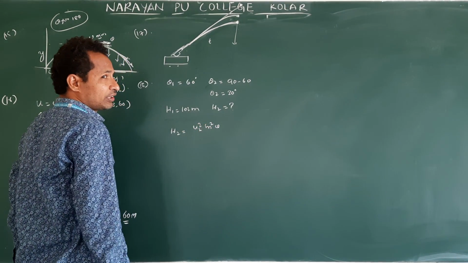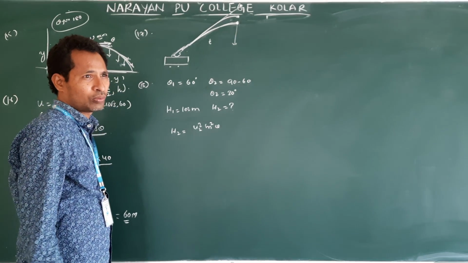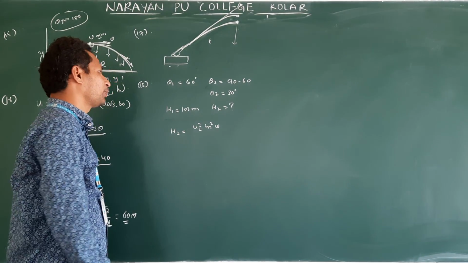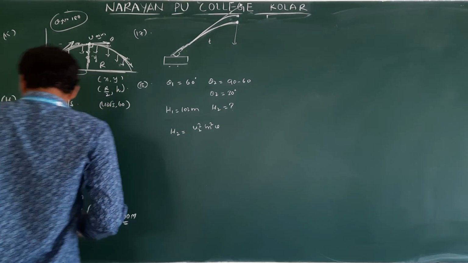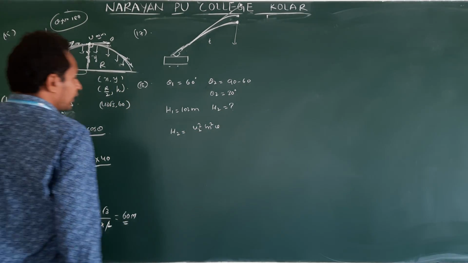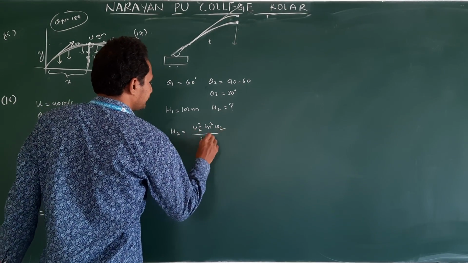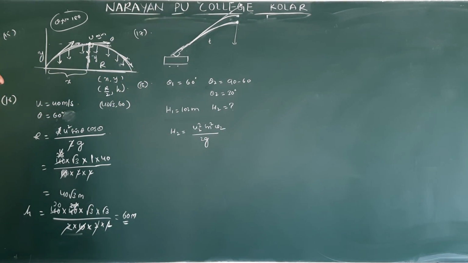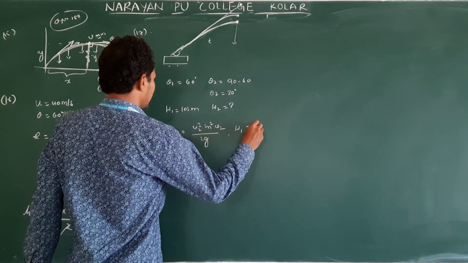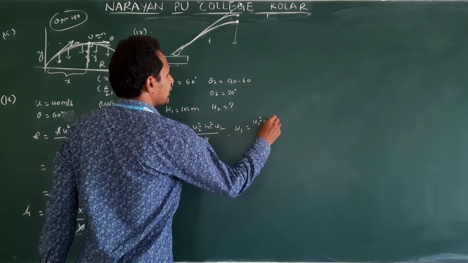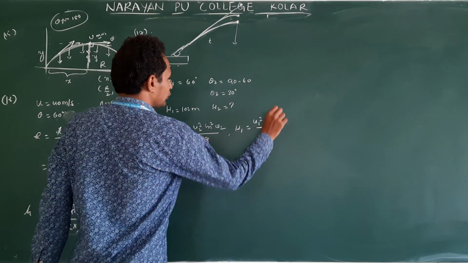They did not mention the projection speed. For h1, how do you write? h1 is equal to u1 square sin square theta 1 by 2g.